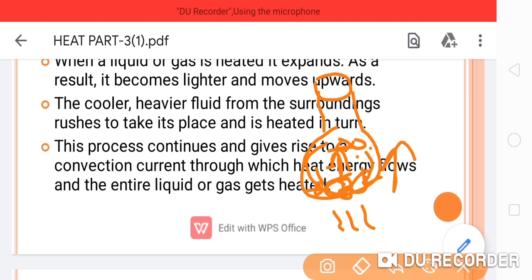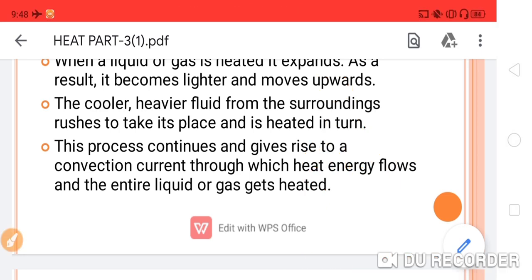This process will go on till the whole water existing in this round bottom flask is hot. So this is the convection process. By this process, the liquid and the gas will become hotter.